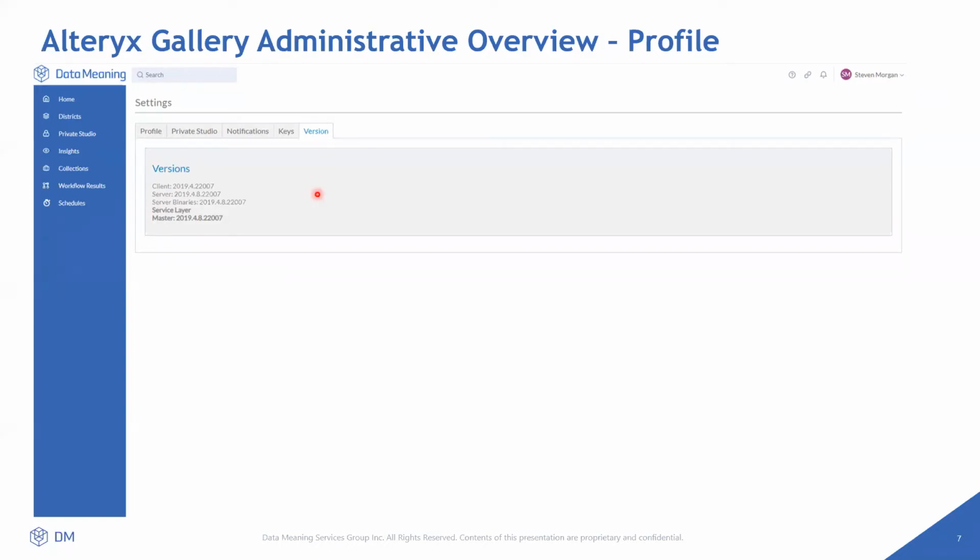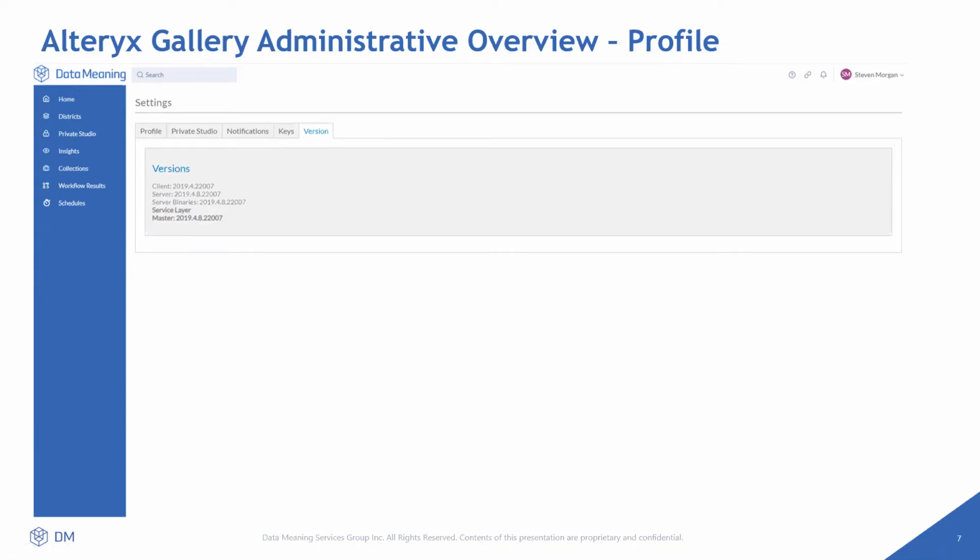Anytime you do an upgrade to the server environment, you need to make sure the new versions are coming along with it on your designer, and vice versa. So if you do have version discrepancies, that may lead to some issues of workflows not running properly. So again, this is more available on the user side, but it is very relevant for a lot of the things you can use inside the admin side as well.